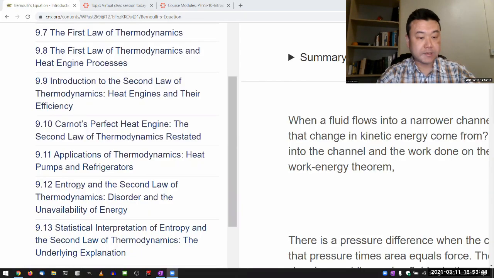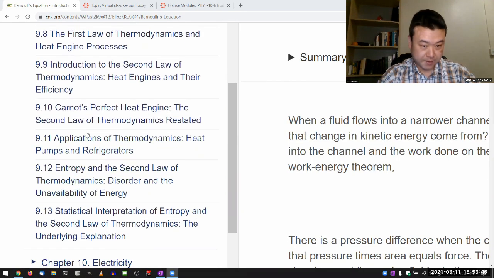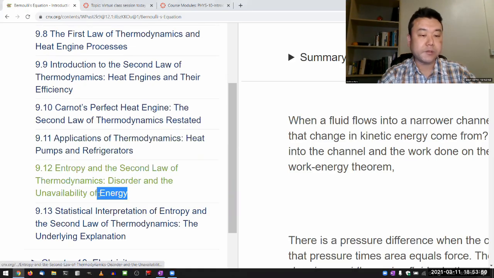So we cover thermal physics, and as you see, even in the topic headings, energy plays a very important role in the study of thermal physics.